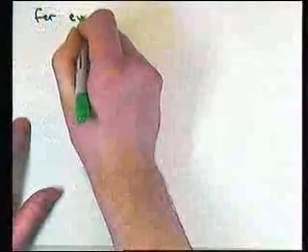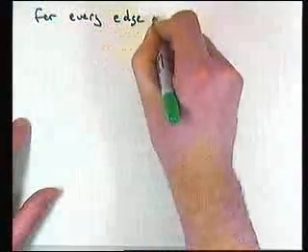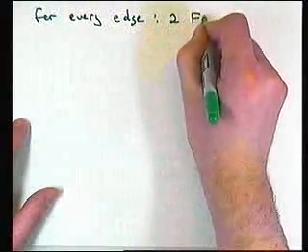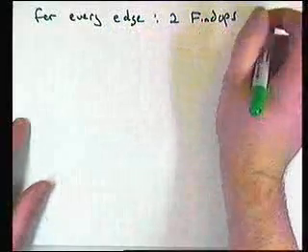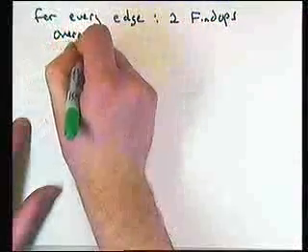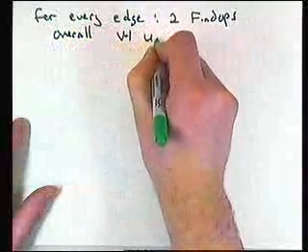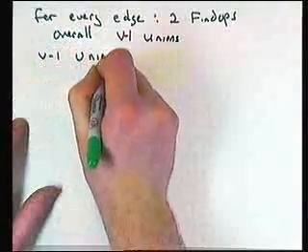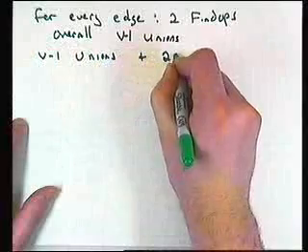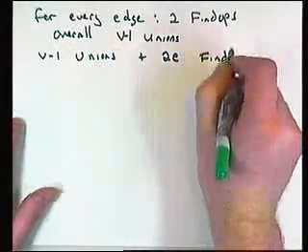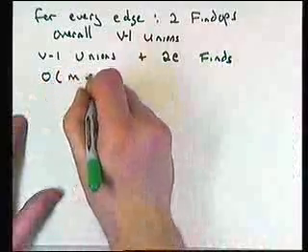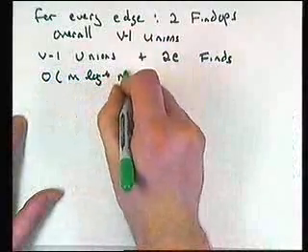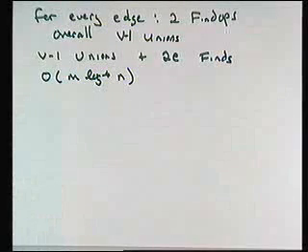So what this means is for every edge, we will do 2 find operations. And overall, we'll do V minus 1 unions. And so if we have V minus 1 unions plus 2 times E finds, remember our rule that said it's order m log star n, where m is the number of operations and n was the number of elements.